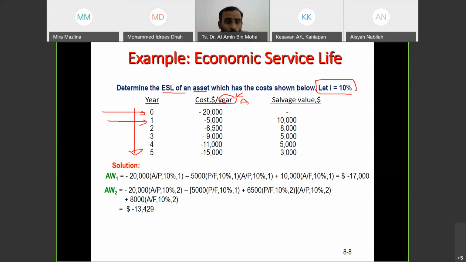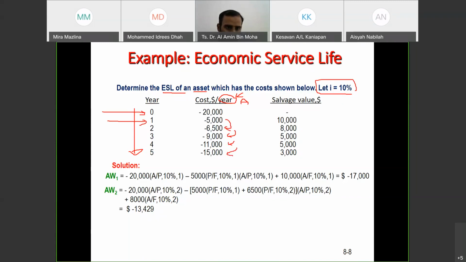So basically, it's good for us to know when to stop or replace this asset. If we see the logic, the cost is 20,000, then after that 5,000, 6,500, 9,000, 11,000, 15,000. It just keeps increasing, by 1,000, then 1,500, then about 2,000, plus 2,000, 4,000.